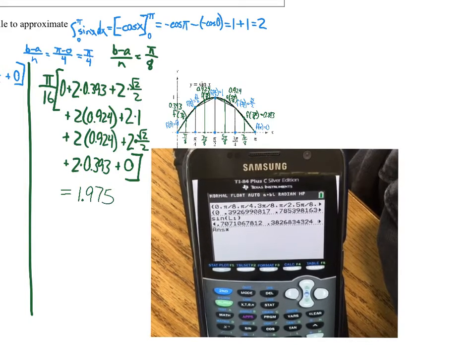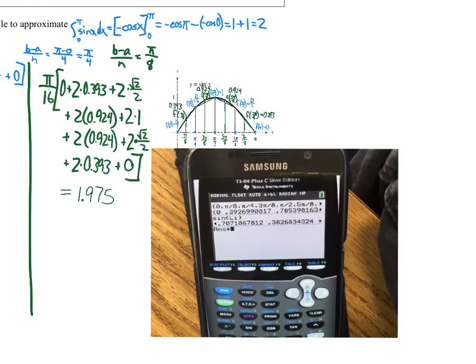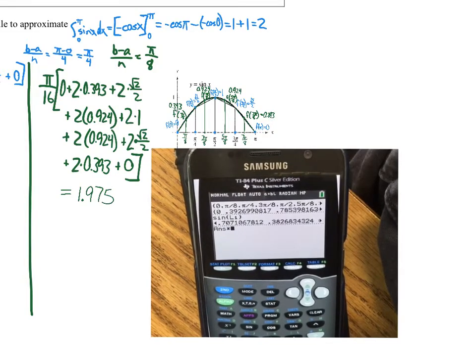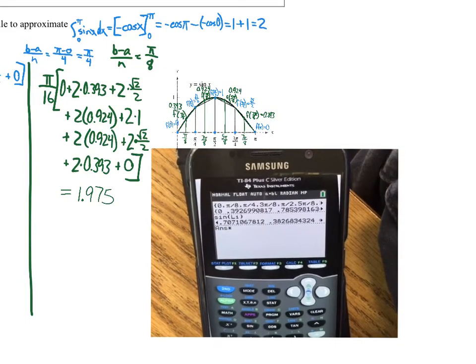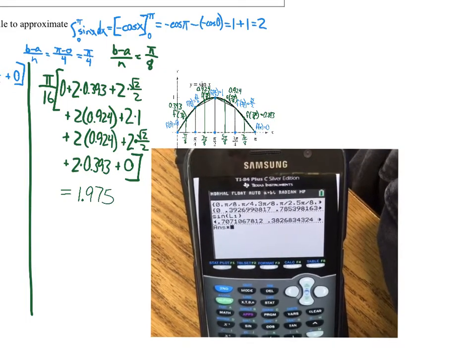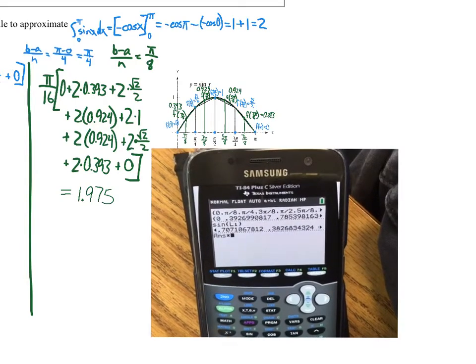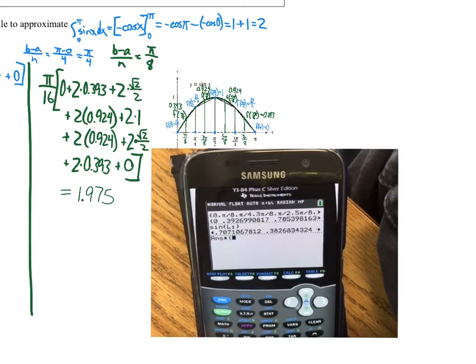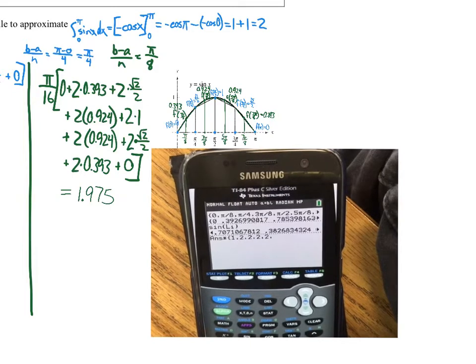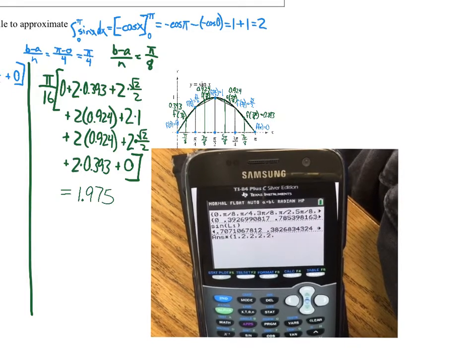And instead of doing the same thing to all of the things, like when I did sine of the list, if I do a list times a list, it'll do the first one times the first one, and the second one times the second one. So I want to make a list where I multiply the first one by 1, and then all of the other ones by 2 until I get to the last one. I just have to keep track that I get the right number.